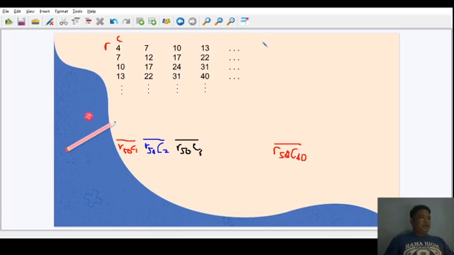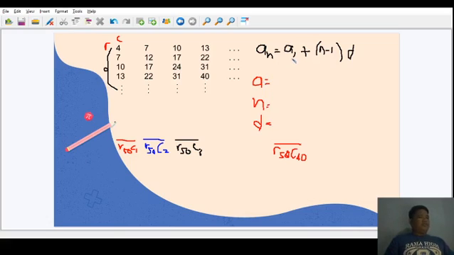Right? So we need to recall here the formula for the arithmetic sequence, that is a sub n is equal to a sub 1 plus the quantity n minus 1 times d. There a sub 1 is the first term, the n is the nth term, and the d, of course, is the common difference. Okay, so to get the first term of row 50, we need to identify first the a, the n, and the d.